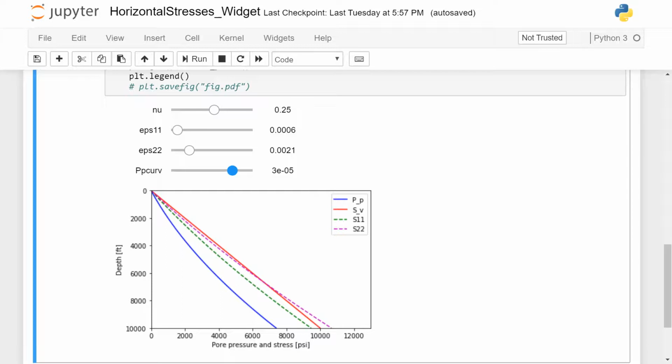The larger the pore pressure, the smaller effective stress gets. Total stresses are going to be similar. For vertical stress, it's going to be exactly the same. But what the equations of elasticity are going to give us is effective stresses as a function of strains.